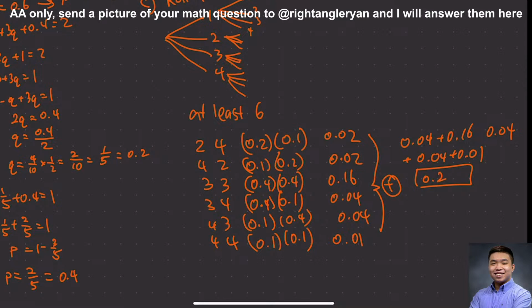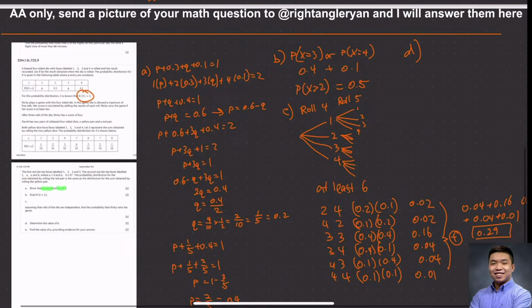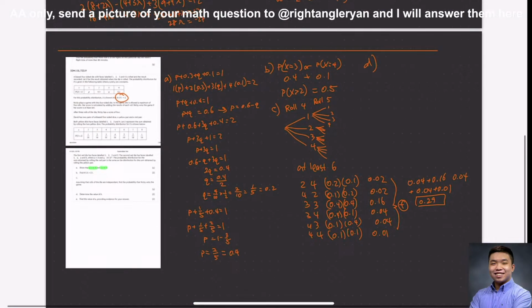So the answer for this part is 0.29, right? Supposedly. Is 0.29 the answer for this part? Okay, I'm just going to assume yes.